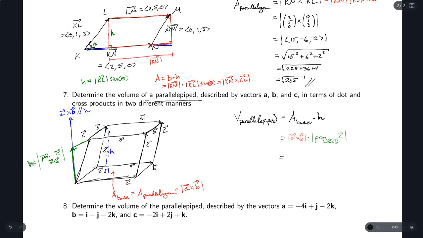So let's see, just going to leave the magnitude of A cross B alone for a second. We're going to multiply this. The projection of C onto A cross B is going to be C dotted with A cross B over the magnitude of A cross B. So this, you can take my word for it.